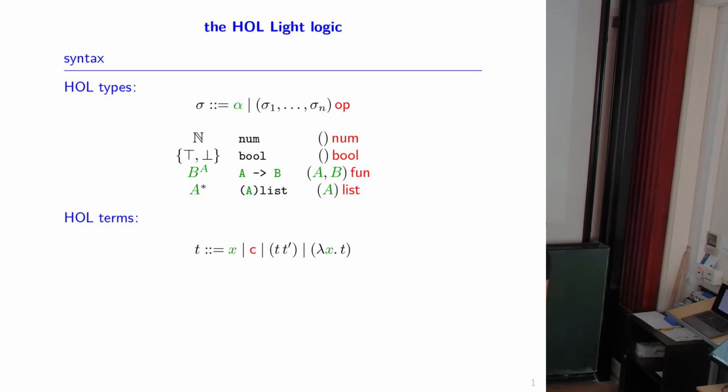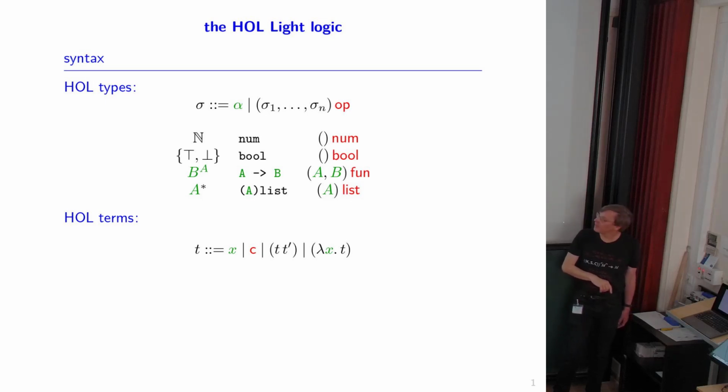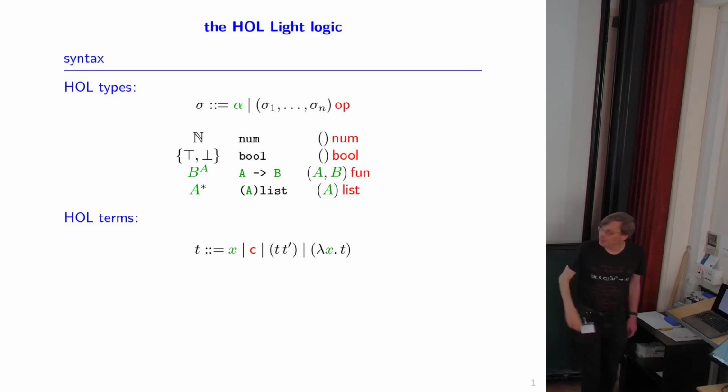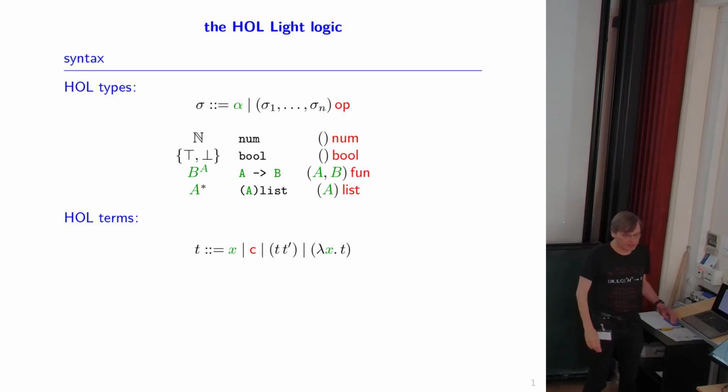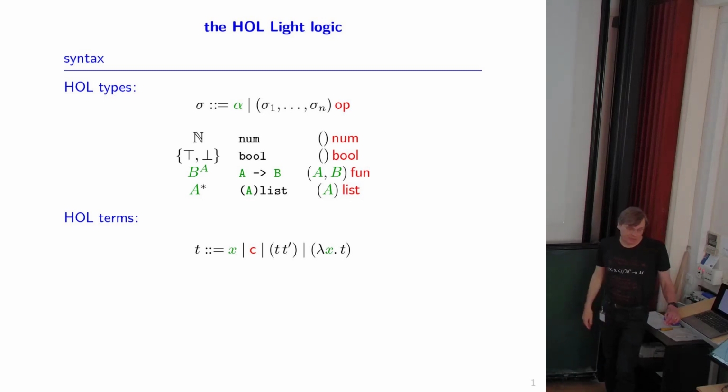The Booleans, same thing. Functions from A to B, the type of functions, is a fun type operator with two arguments. Okay? List is a typical thing that you would give a type argument. That's the type of lists with elements in A. So these are examples of instances of this grammar that are kind of meaningful.